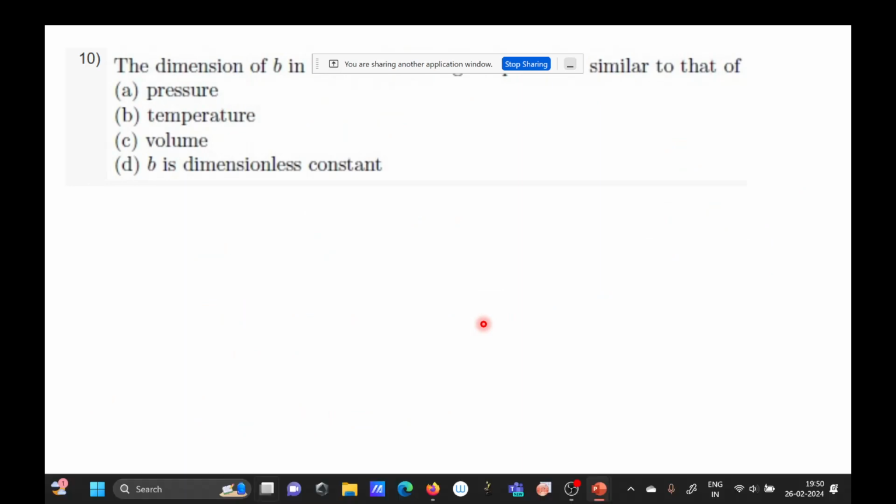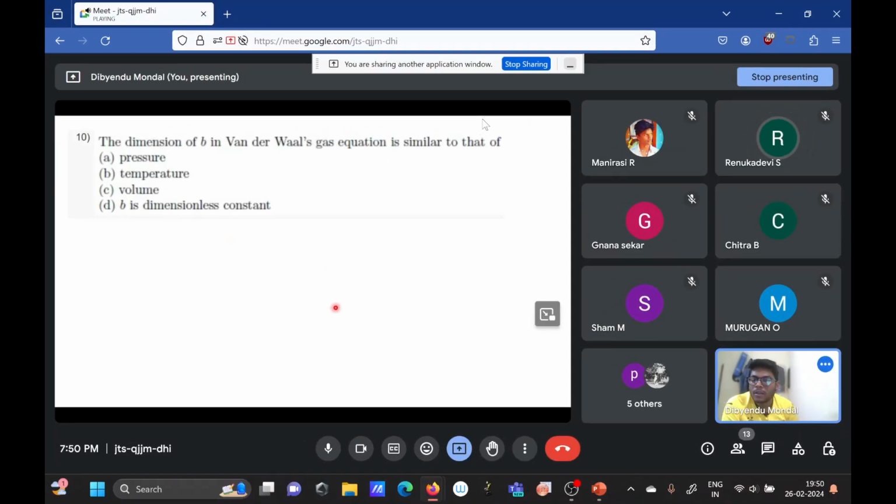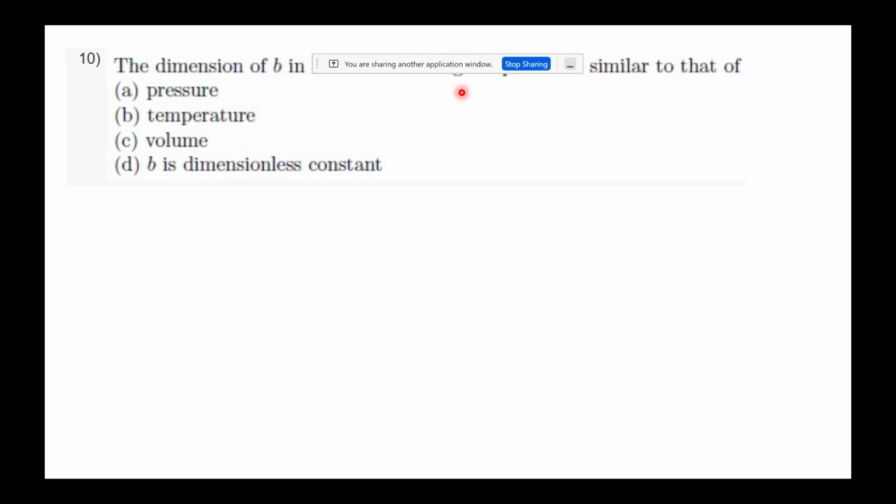This says the dimension of B in van der Waals gas equation is similar to that of pressure, temperature, volume, or option D, B is a dimensionless constant. Please tell me.